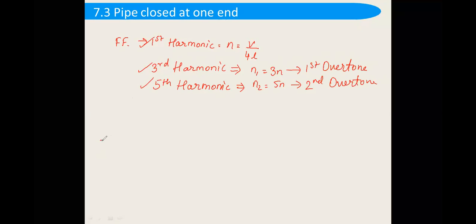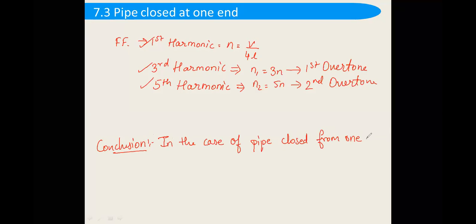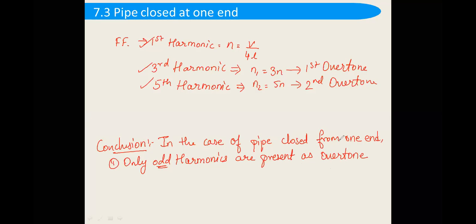So in the conclusion we can say, in the case of a pipe closed at one end, only odd harmonics are present as overtones.